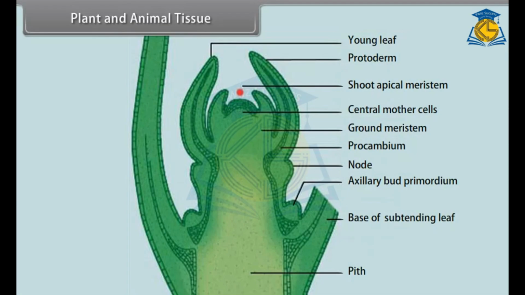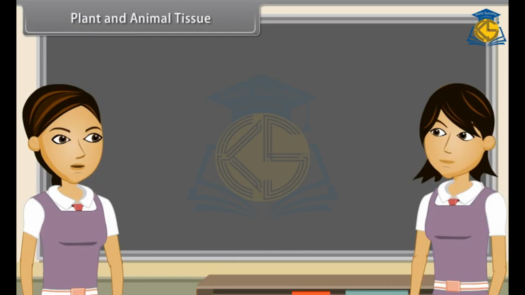The growth in plants is limited to some regions. There are some tissues in plants that divide. Yes, Madhuri. But in animals, the growth is not restricted to some places. It is uniform growth. In animals, structural organization of organ system is more specified and localized.